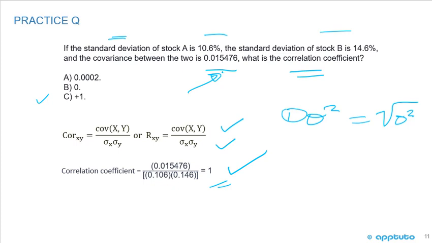So in this case, they gave you the covariance as 0.015476, but they gave you the standard deviation as 10.6%. Sometimes they'll give you the standard deviation as 0.106, and sometimes it's 10.6%. So they like to jumble them up.